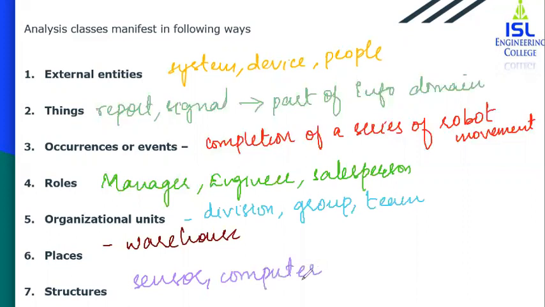These sensors or computers are used to define a class of object. So these are your different analysis classes. These analysis classes can be manifested in these different ways.